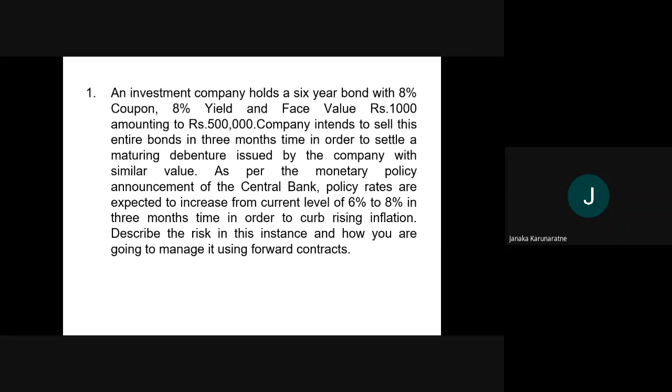This is your job as a risk manager. You have identified the risk is rising interest rate and the price will drop. Now how are you going to manage it using a forward contract?